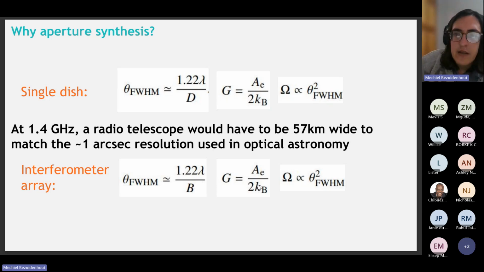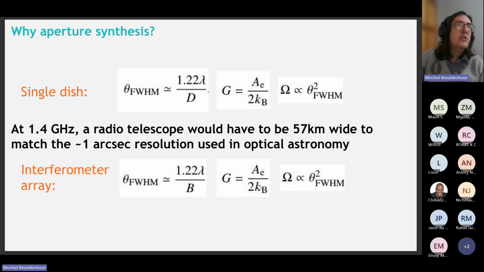And then thirdly is the question of the field of view of the telescope. The field of view is the area on the sky that you're able to see at once, and that's proportional to the square of the resolution, basically. And again, that's inversely proportional to the diameter.